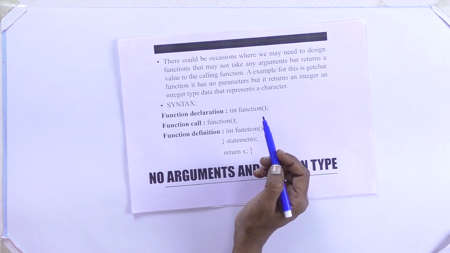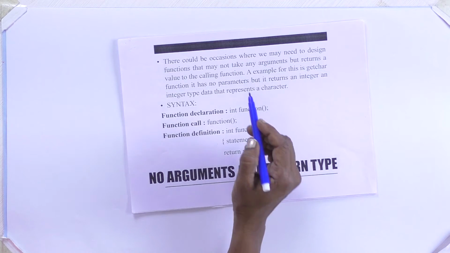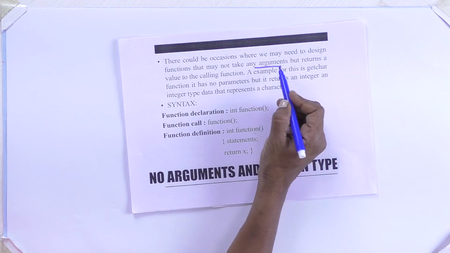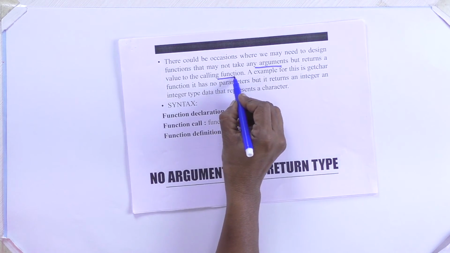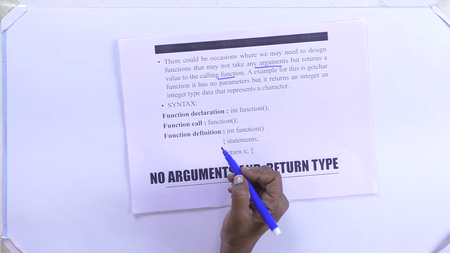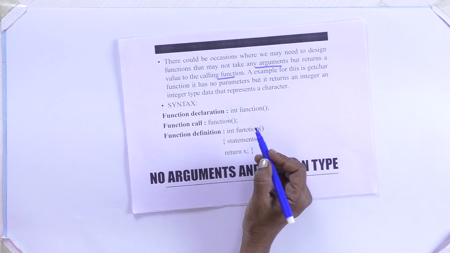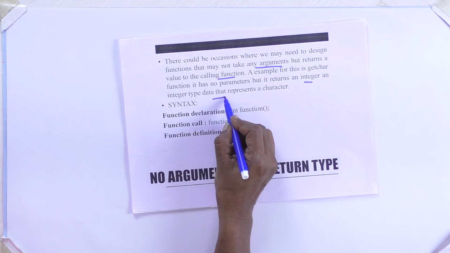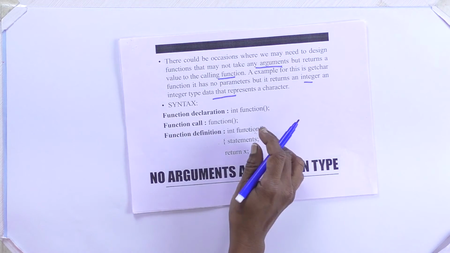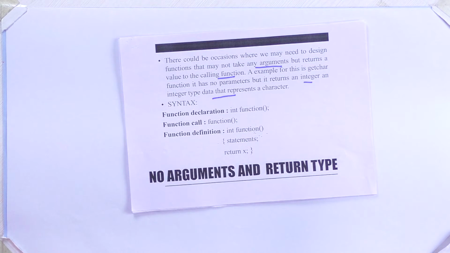There may be occasions where we need to design functions that do not take any arguments but return a value to the calling function. An example is the getCharacter function, which has no parameters but returns an integer that represents a character.